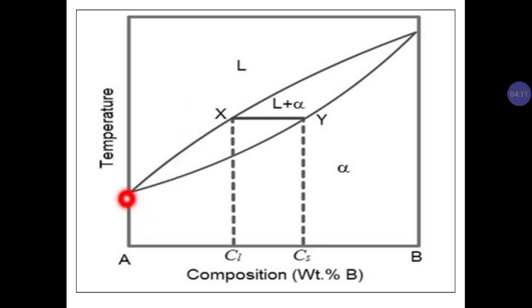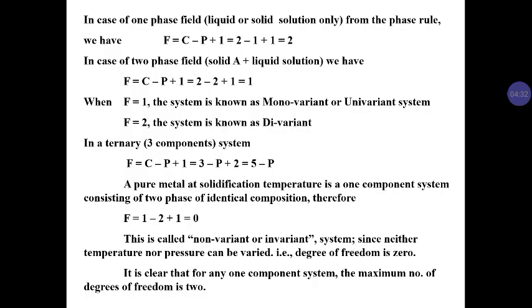Similarly here, the temperature or the composition can be varied independently, and it is still in the alpha phase alone. But in the case of a two phase region, either the temperature can be varied on this axis, or the composition can be varied. Both cannot be varied together. That's why it is said to be monovariant, where the degrees of freedom is 1. That is the degrees of freedom.